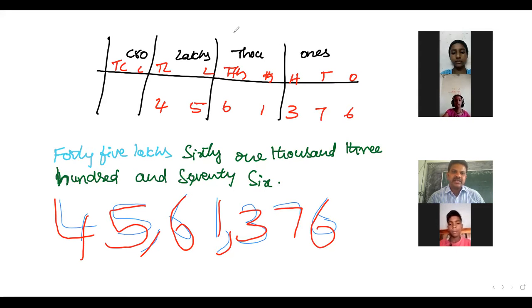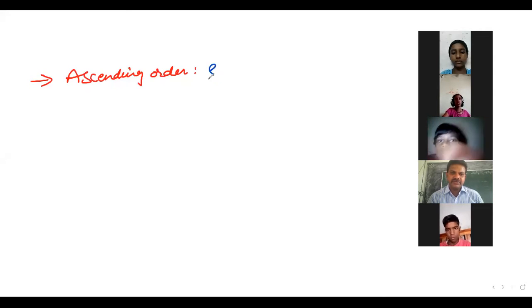Now then, ascending order and descending order. The next topic is ascending order. We already learned about all these things, right? Numbers are said to be in ascending order when all numbers are arranged from the smallest to the greatest.